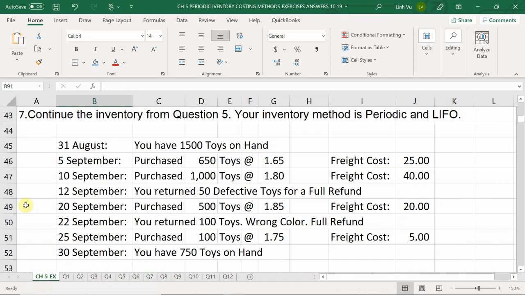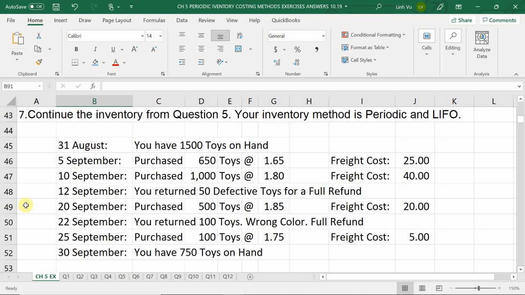But then on September 22nd, we end up returning 100 toys. They end up being, again, the wrong color. We weren't willing to accept any discounts, so we want a full refund instead. So in this case, we actually end up returning 100 of those toys.